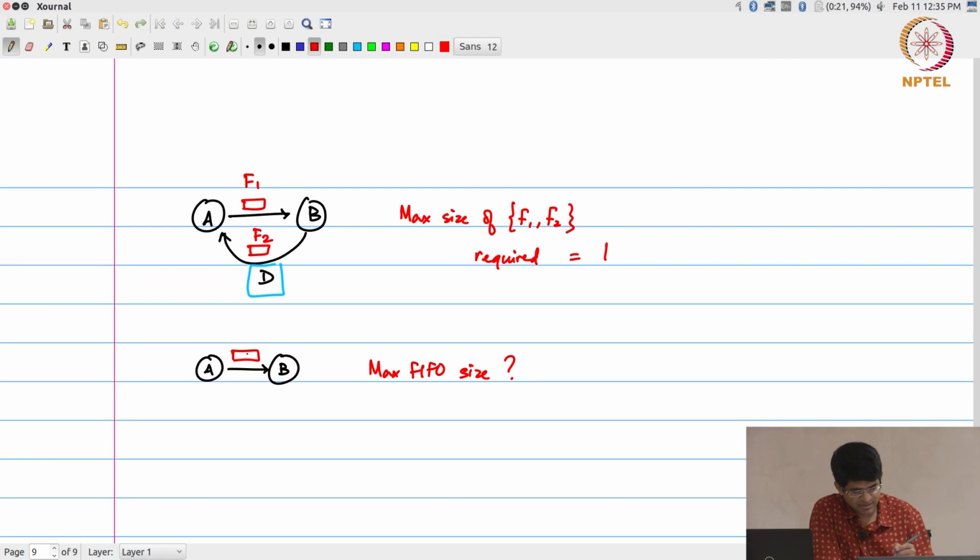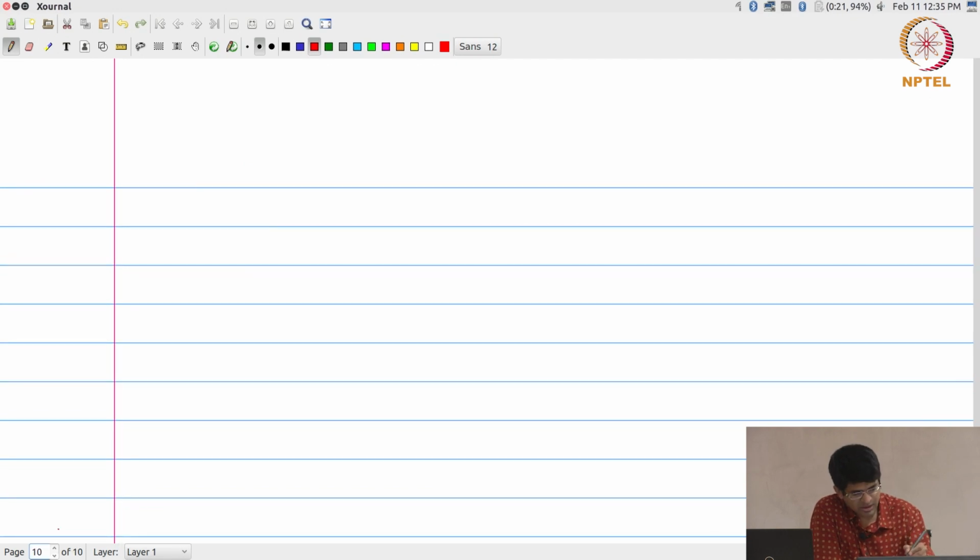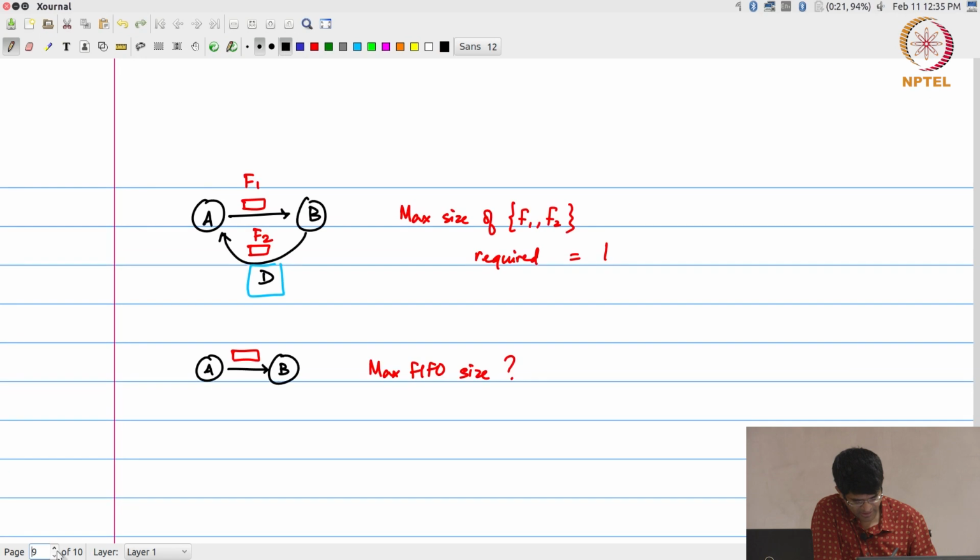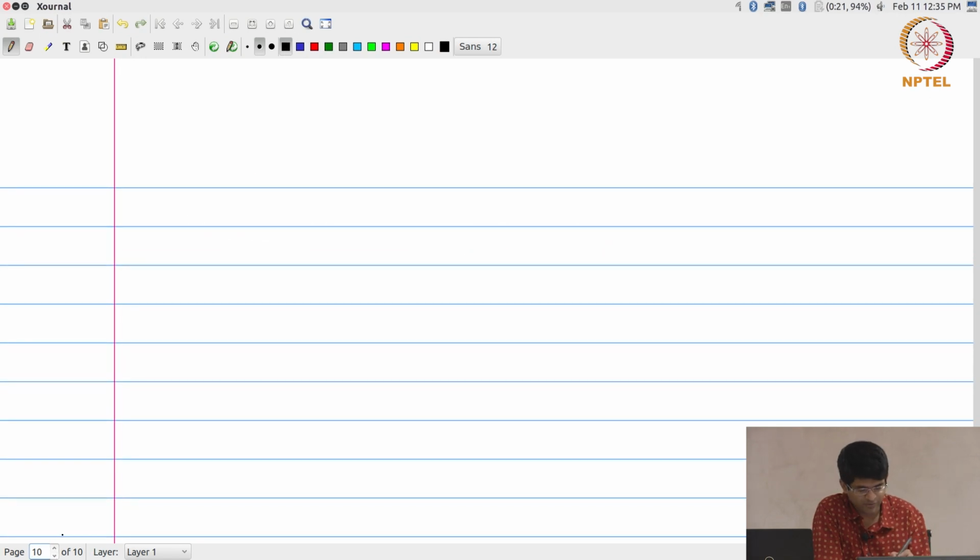Let's look at another similar scenario over here, just to understand the nature of FIFOs. Supposing I have a network that looks like this, and I have 2 and 1 over here. So what are those 2 and 1?